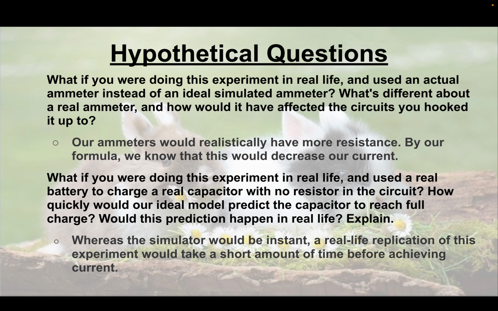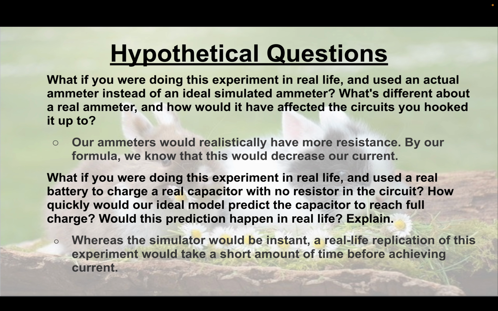So again, one of our key formulas, V equals IR, we know that if there is more resistance, then this is actually going to decrease our current. If our goal of the system is to have more current, this is not really going to accomplish the goal as well. So ultimately, answering this question shows us that in real life, there's going to be more resistance, less current than maybe the most optimal values that we're seeking to make our circuit work really well.